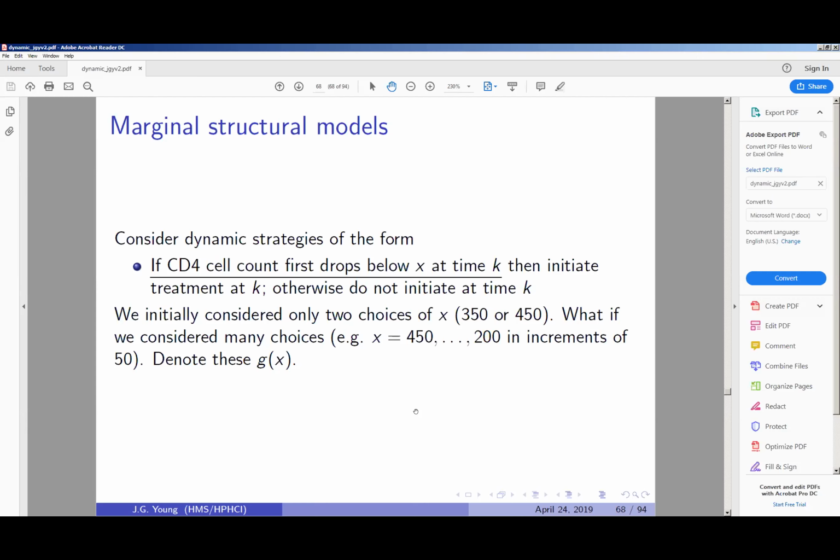We could consider a whole host of CD4-based initiation strategies, not just 350 versus 450, but lots of levels of X, cutoff X, say 450 to 200 in increments of 50, or even smaller increments. You can imagine that the more strategies considered, the more the chance that you're going to find every individual following at least one of those for some period of time.